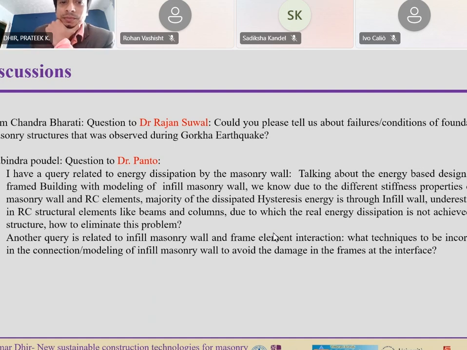We found another building nearby, again in Bhaktapur, mainly in the field area. There was little failure of the foundation.